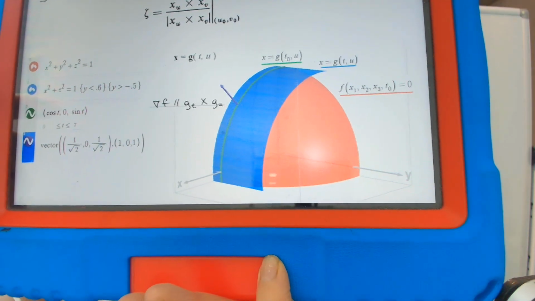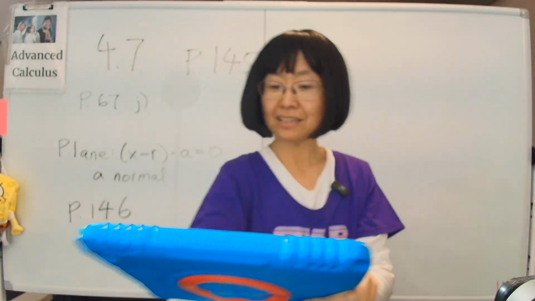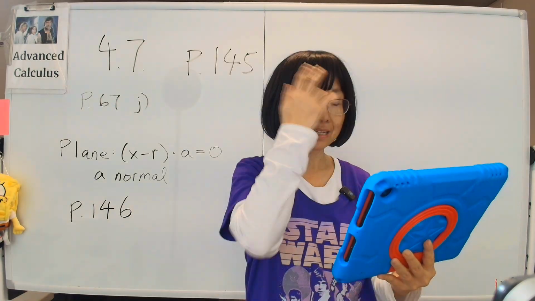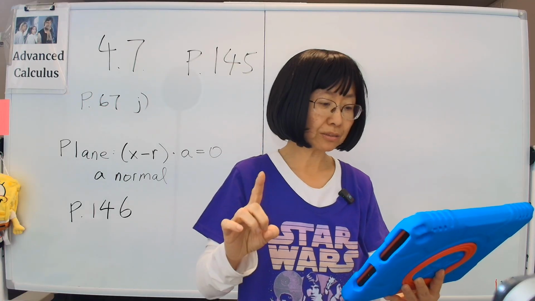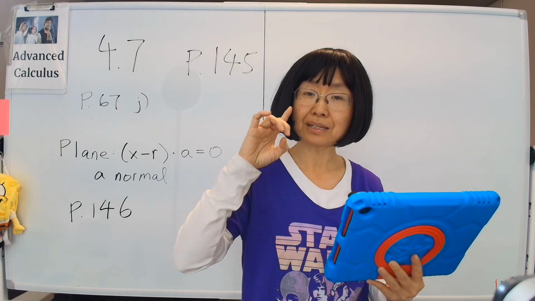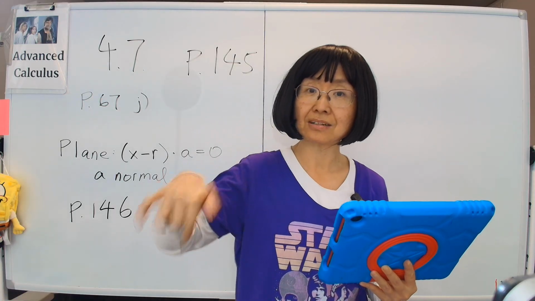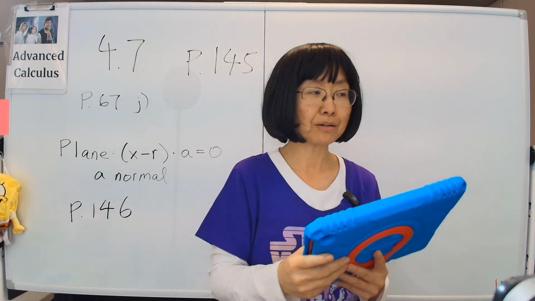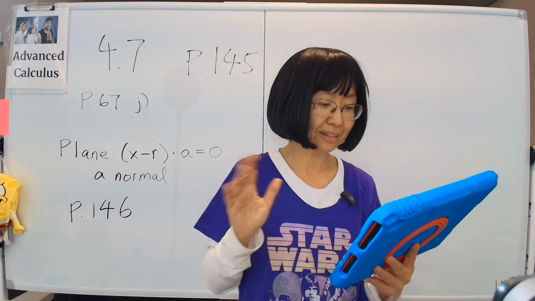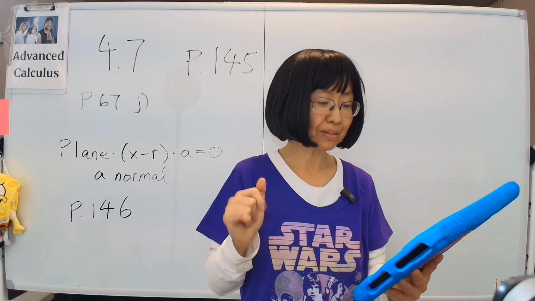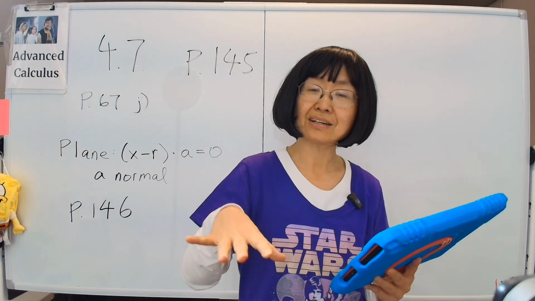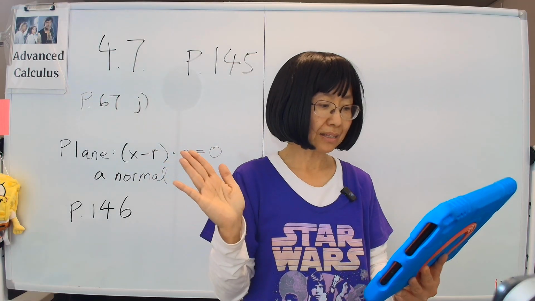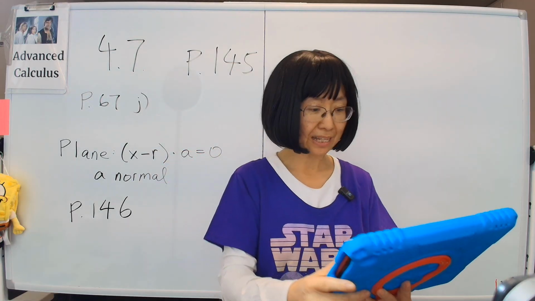There are actually two vectors here, starting at the same point, but the two vectors might not be the same length, okay? But that doesn't matter to us because we only care which direction the tangent plane is facing. So if they're parallel, then the tangent planes are the same.